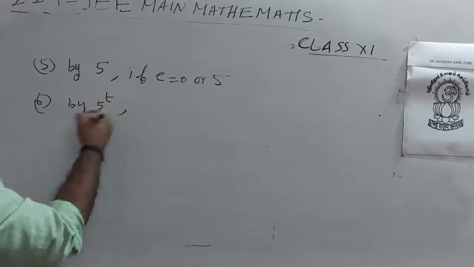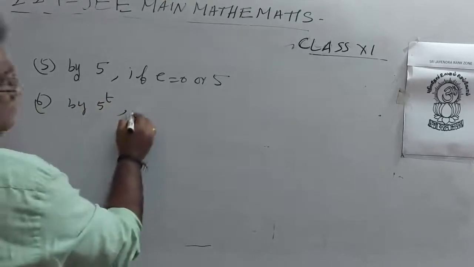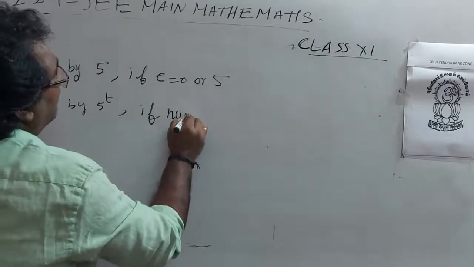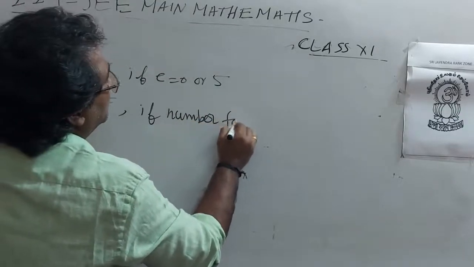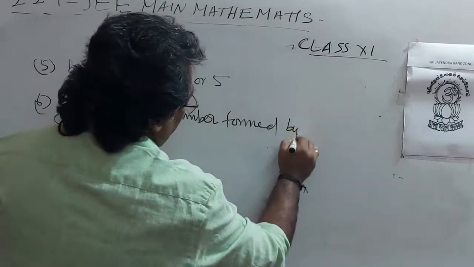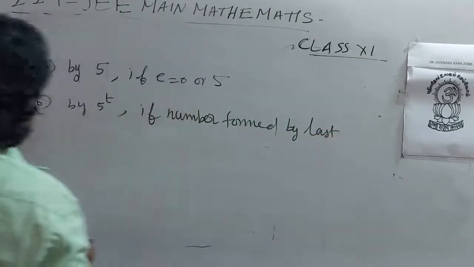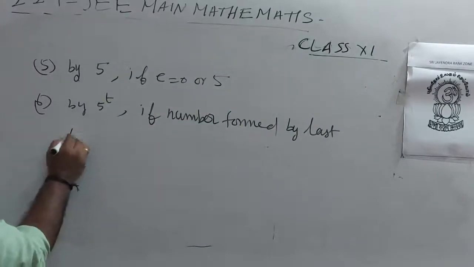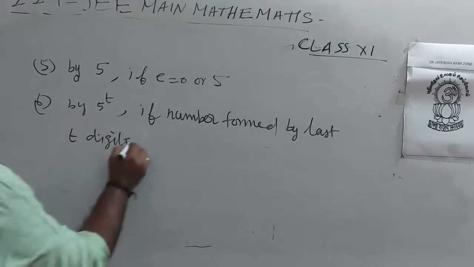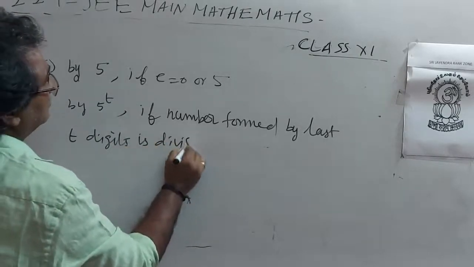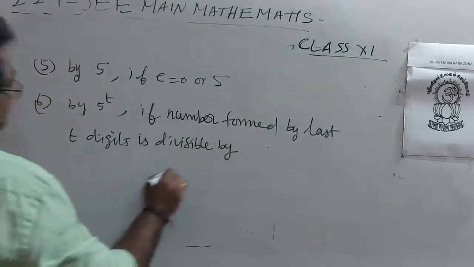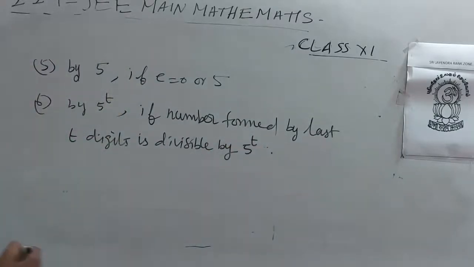By 5 power t, if the number formed by the last t digits is divisible by 5 power t.